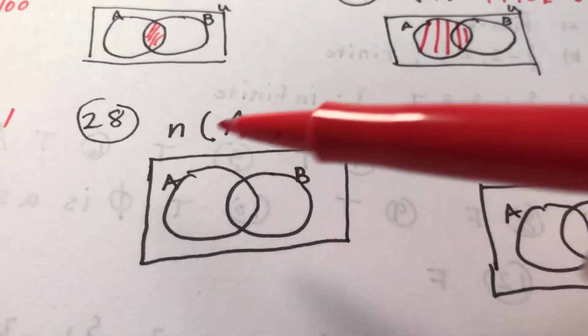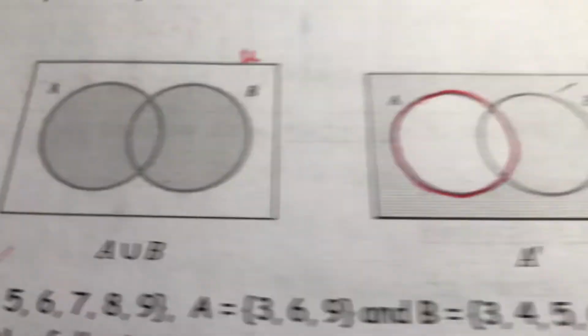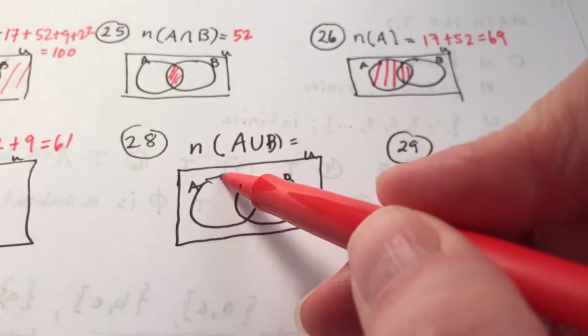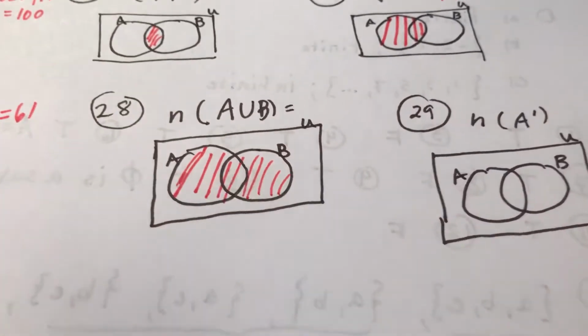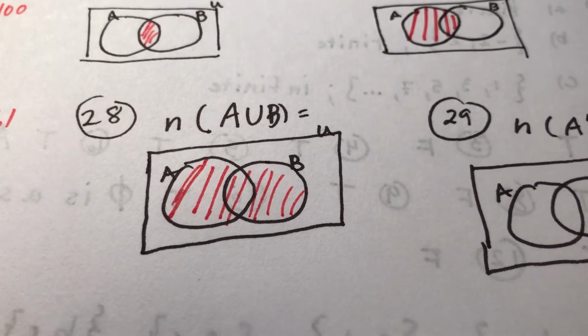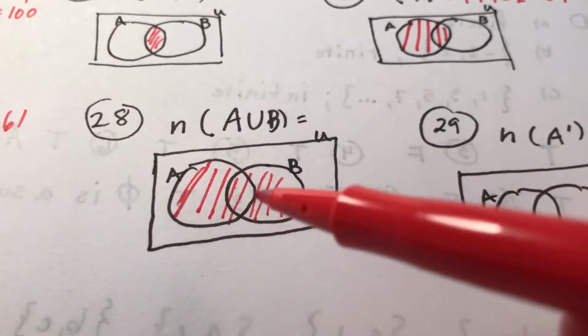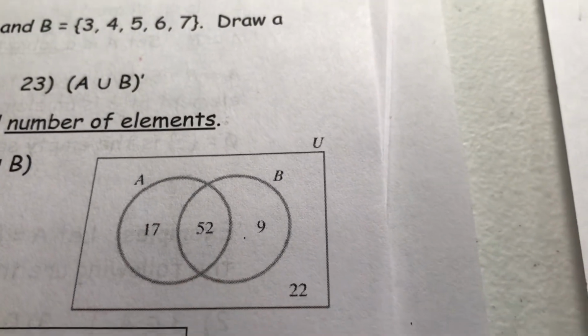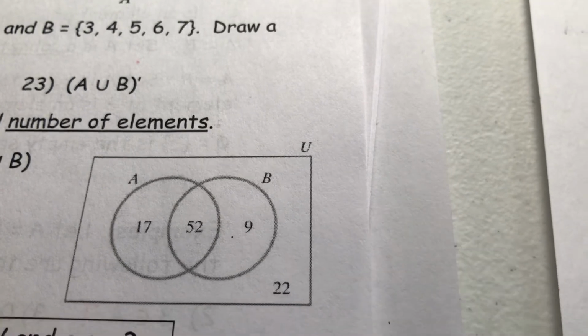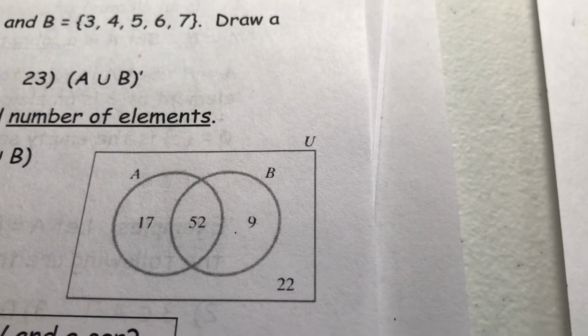So here, the number in A union B. A union B, remember, was this one. Yeah, everything here in A or B. All that. So I'm going to use that image to answer the question. So everything in those would be the 17 plus the 52. I'm going to write that down. 17 plus 52 plus 9.